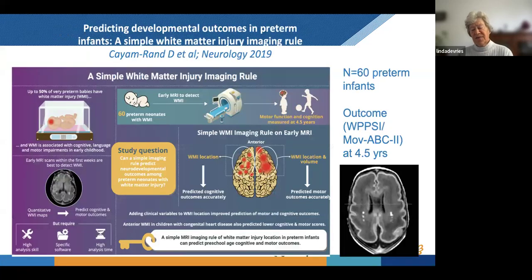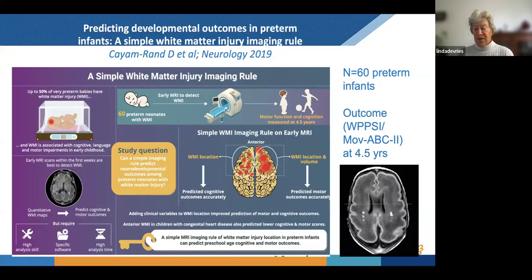Now, Stephen Miller had this nice paper some years back and said, well, it's good to make life simple. So let's make a simple white matter injury imaging rule. When you see these punctate lesions in the white matter and you go to the level of the mid ventricles and you draw this line across the middle, then only the children who had lesions beyond and anterior to the yellow line developed abnormal outcome.